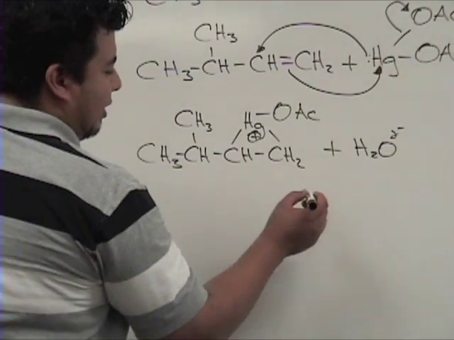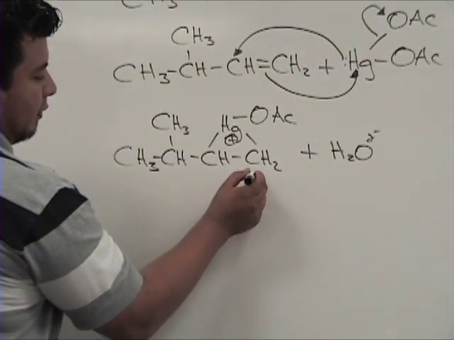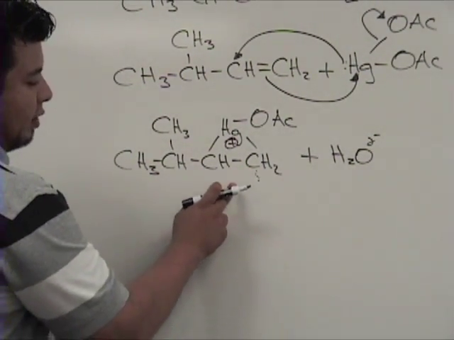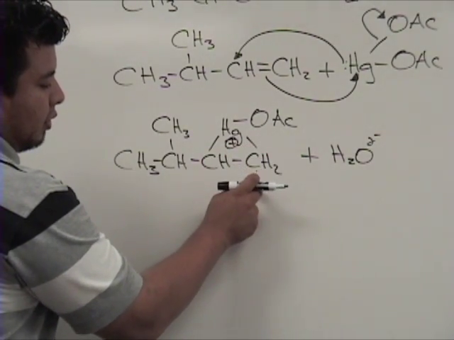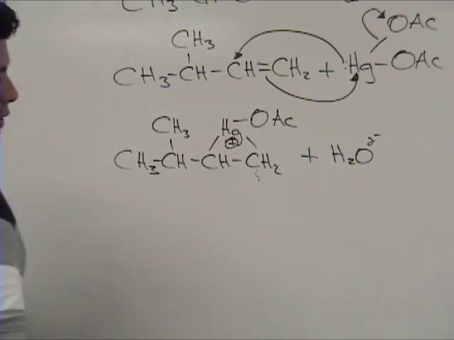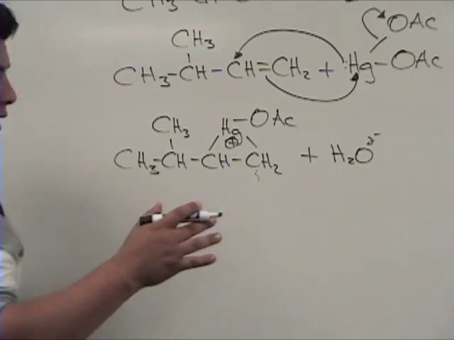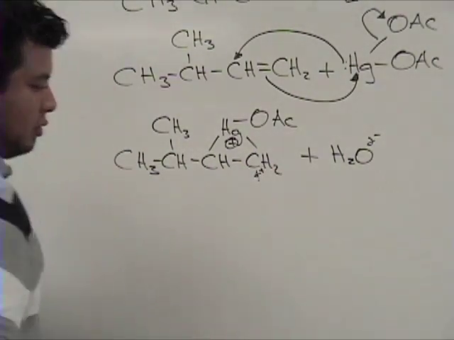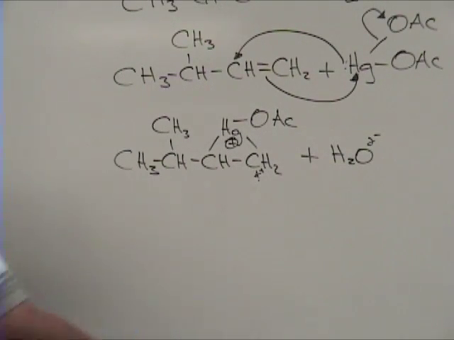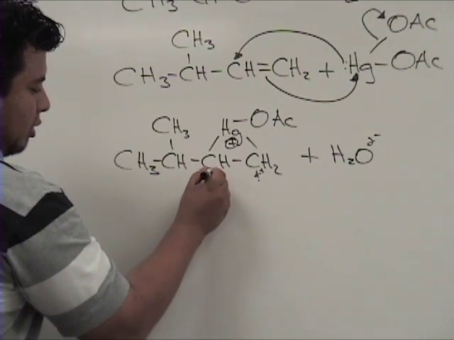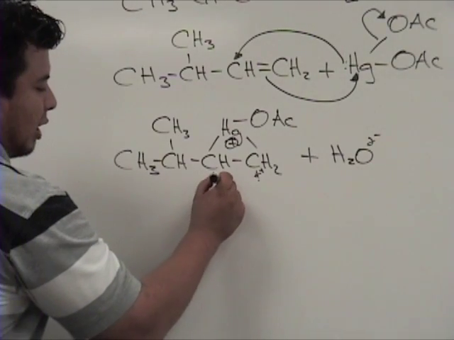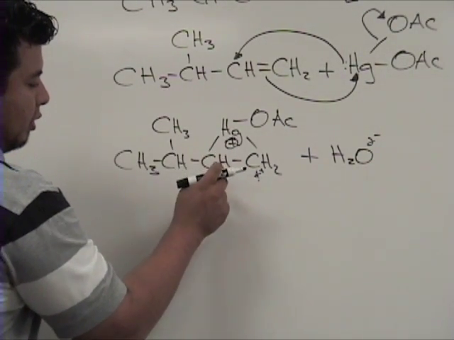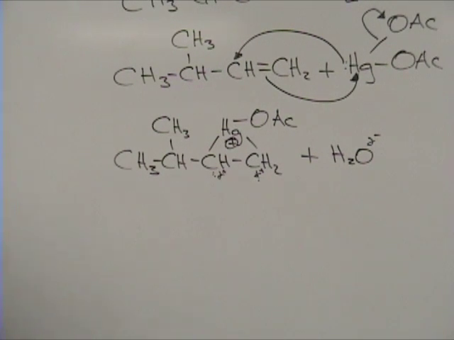So if we attack this carbon right here, then it's going to have 1, 2, 3, 4, 5 bonds. So in the transition state, it would be partially positive. As if we attack this other carbon right here, then this carbon would be the partially positive one with 1, 2, 3, 4, 5 bonds.